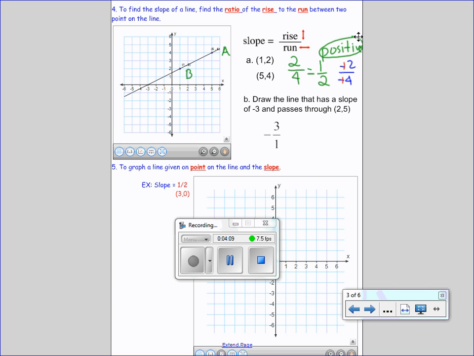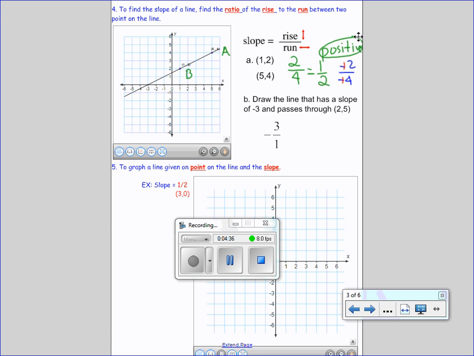That's where I have my blue. And then we went down -2. That's going to be my numerator. Since they were both negative, they cancel each other out, which also equals 2 over 4. So it is the same slope no matter which point you decide to use. Probably B would be the simplest point to start with, but in case you can't determine what it is, you can use any point.